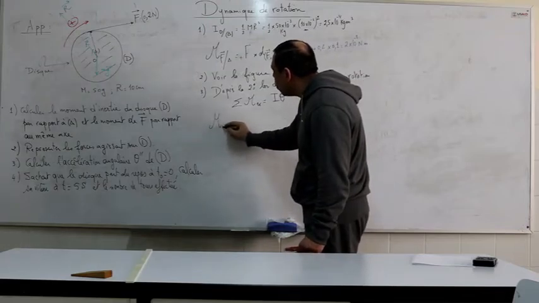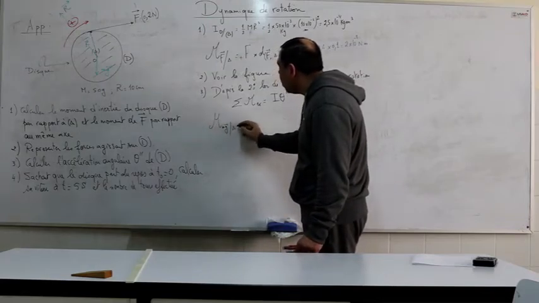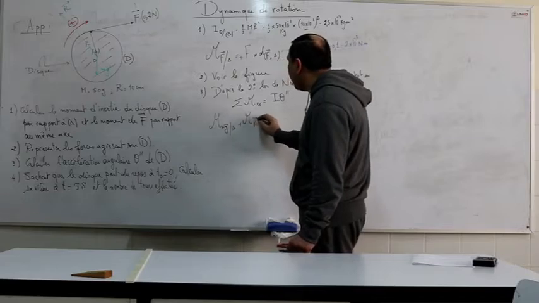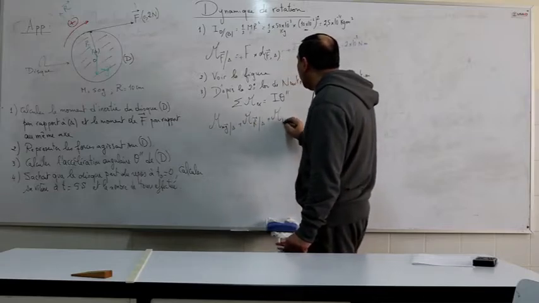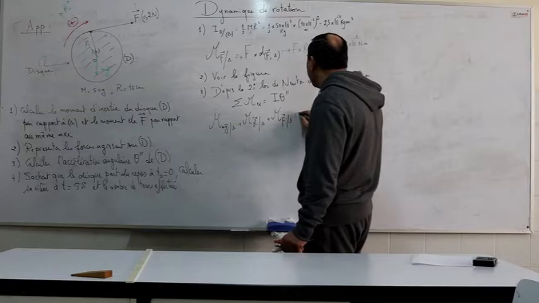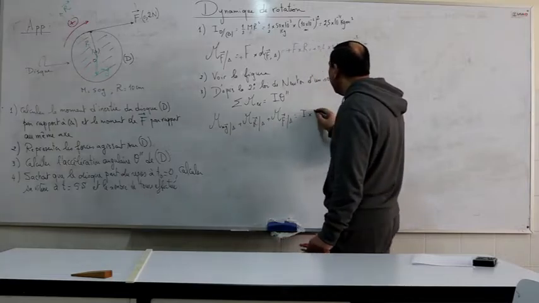The sum of the moments is the moment of mg with respect to delta plus the moment of R with respect to delta plus the moment of F with respect to delta, and this is equal to I times theta double prime.